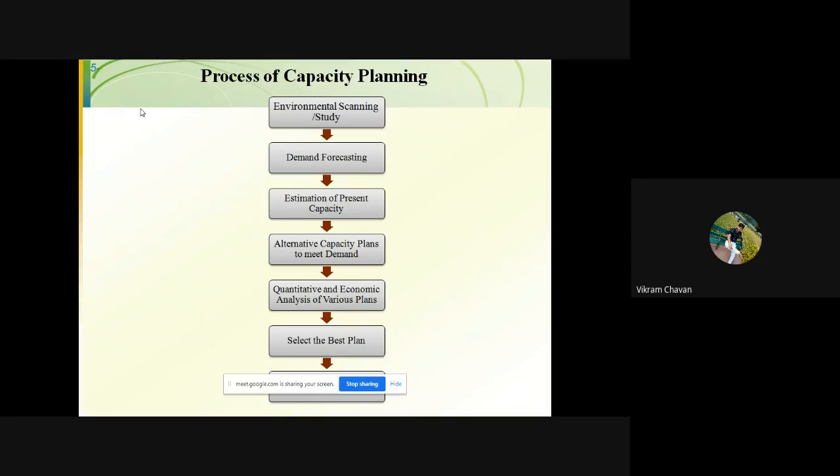How much percentage of facilities are under utilization, that comes from the term utilization capacity.